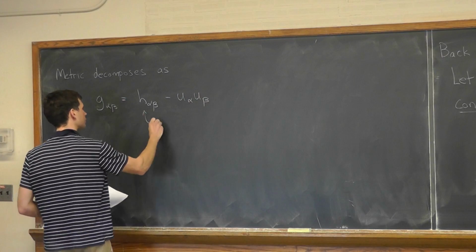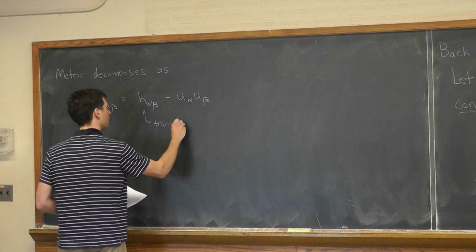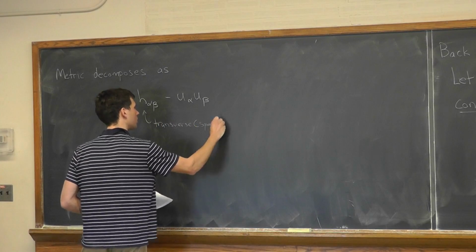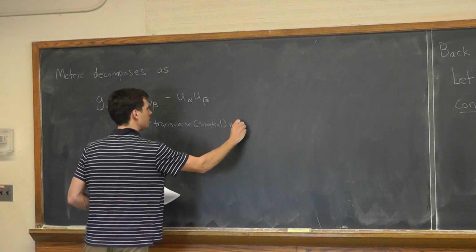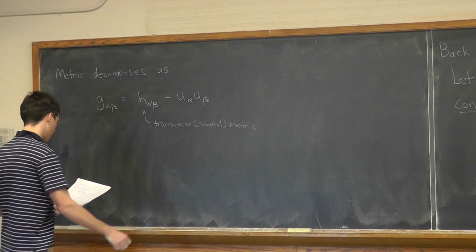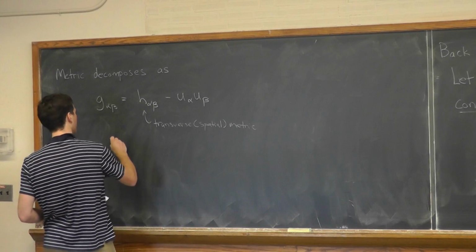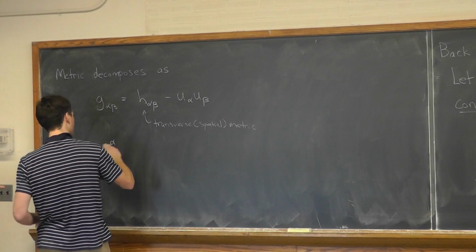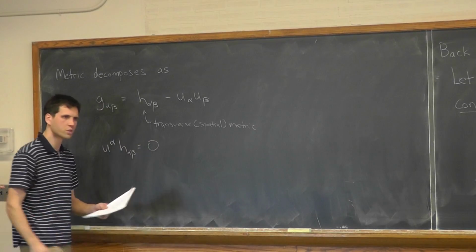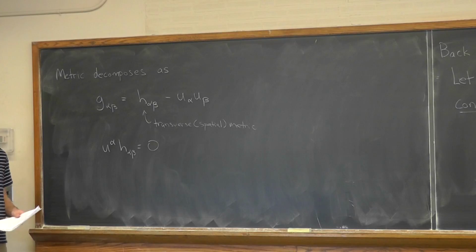So this is the transverse or spatial piece of the metric. It satisfies u alpha h alpha beta equals 0. In other words, it's orthogonal to the congruence.